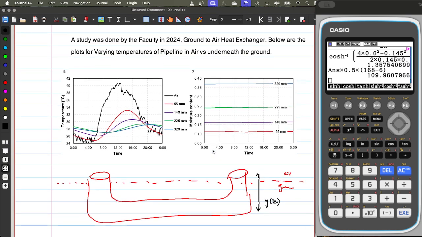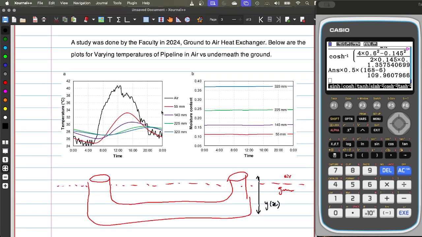What they found is that as you increase the depth below the ground, the difference between the peak values of temperature and the air is significant. Now, what that means is your moisture content is also increasing.